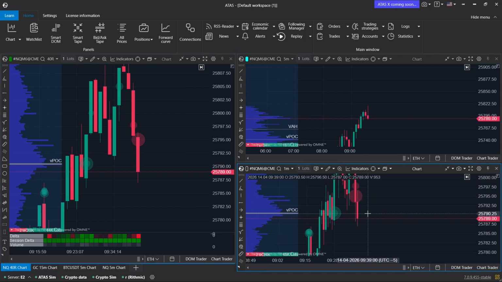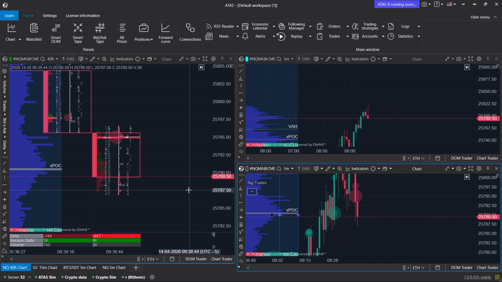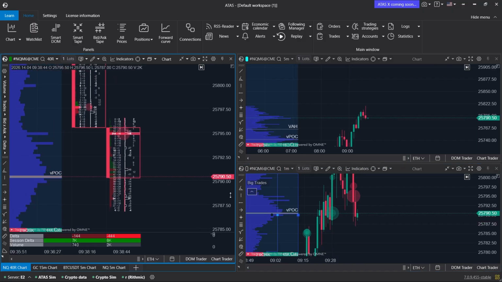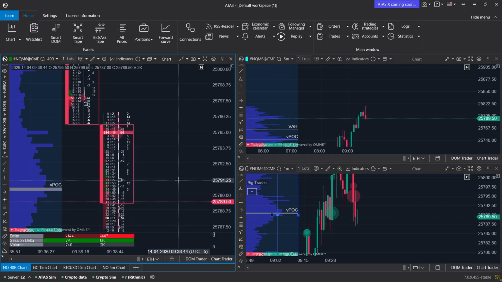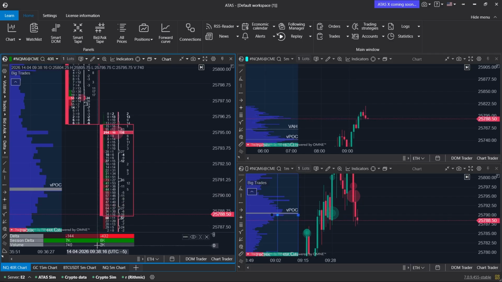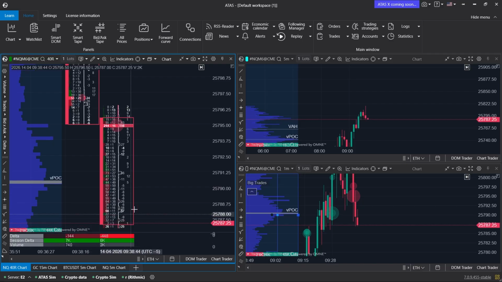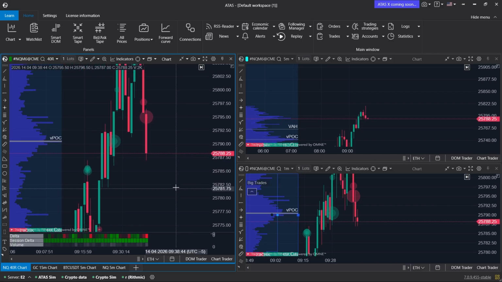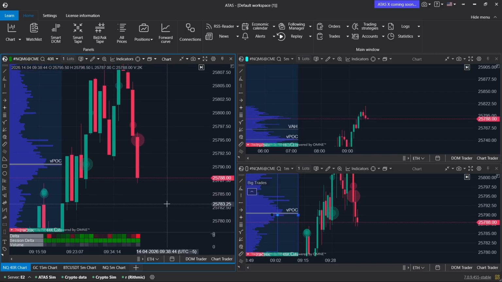The only stress that I'm having right now is of this POC where this buy trade was placed. The delta is looking very good for me and the volume too. Like it's 2K, it's all right this time of the session.